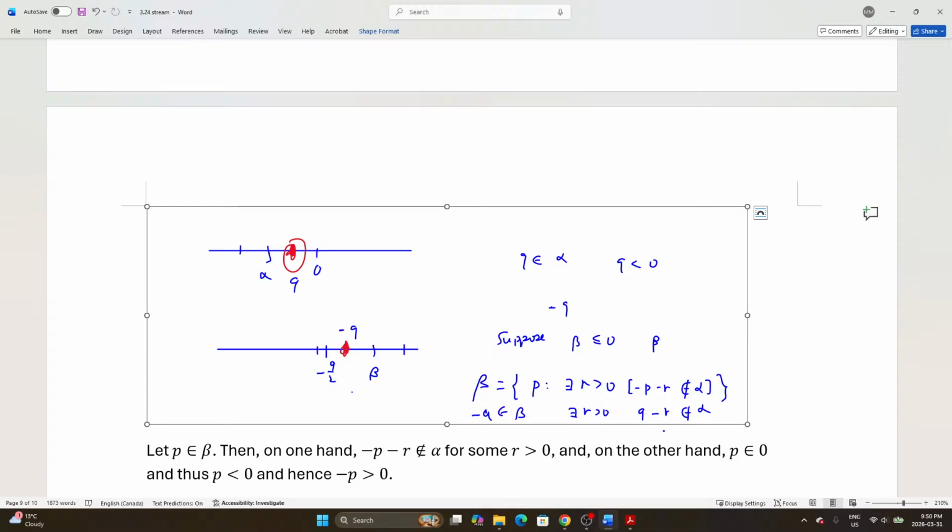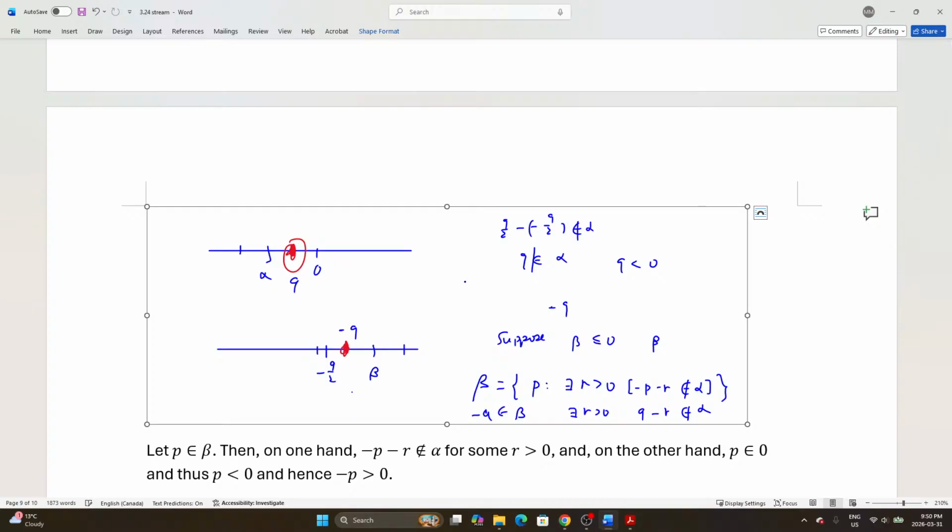How on earth do I do that? I know that Q is not in alpha. So based on that, I can write that half Q minus negative half Q is not in alpha.